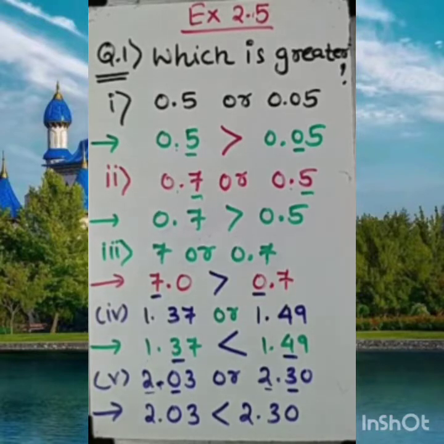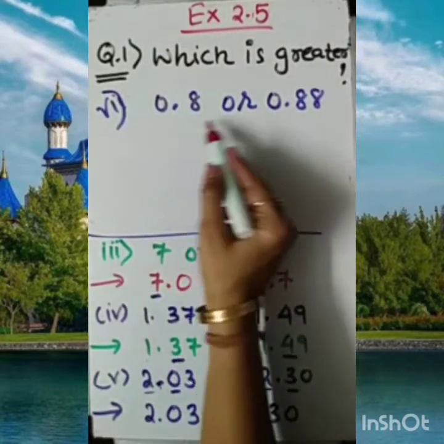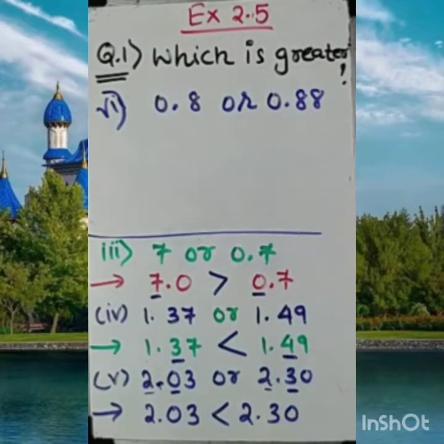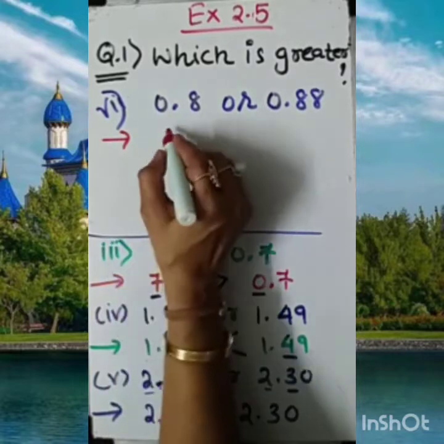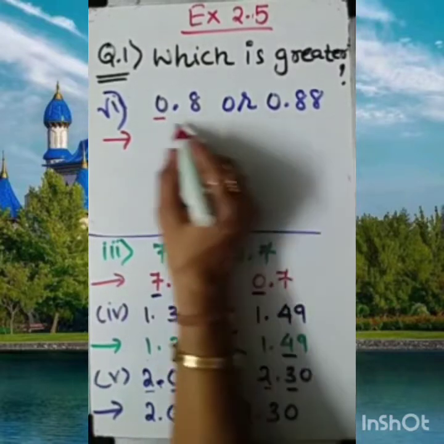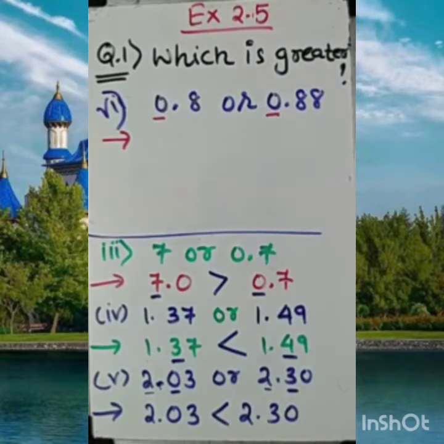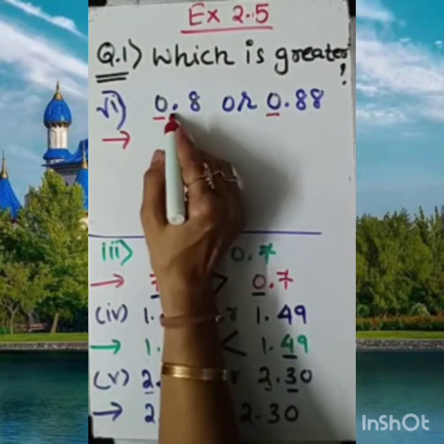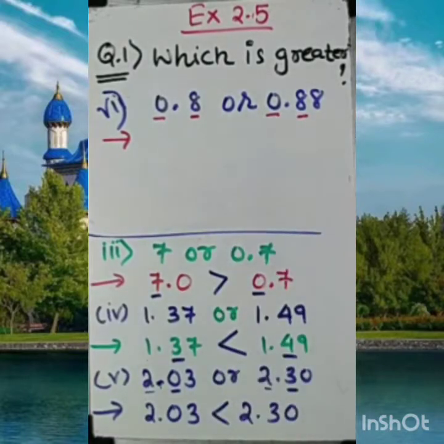One more is there that we see now. So my dear student, the sixth is 0.8 or 0.88. So how to say which one is greater? Immediately before the decimal it is 0, here also 0. Same. Let's proceed to after the decimal. First is 8. This side also 8. So how could I say which one is bigger?